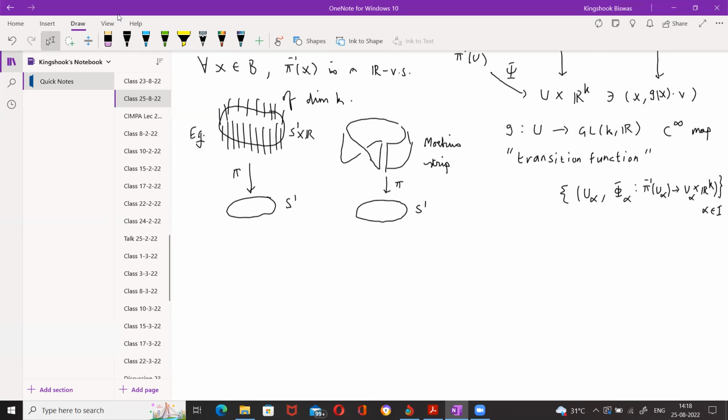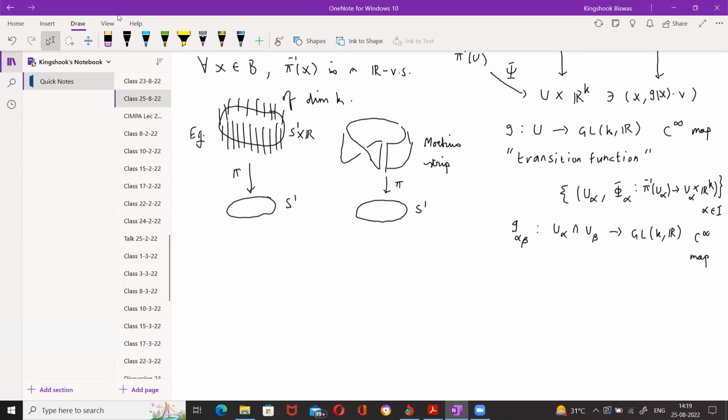And on the intersection of two of these charts, you have a transition function g alpha beta, which maps to GL K R. This is a smooth map.